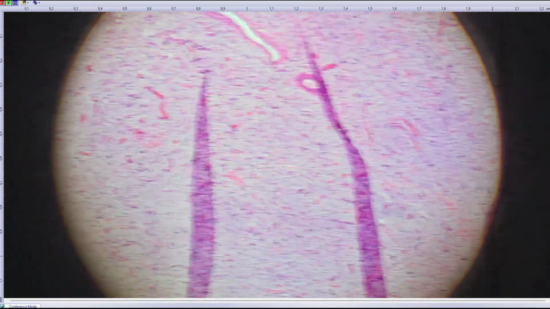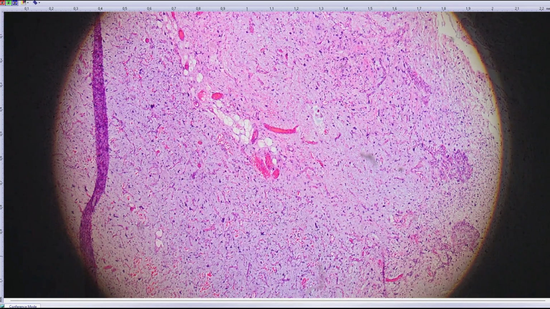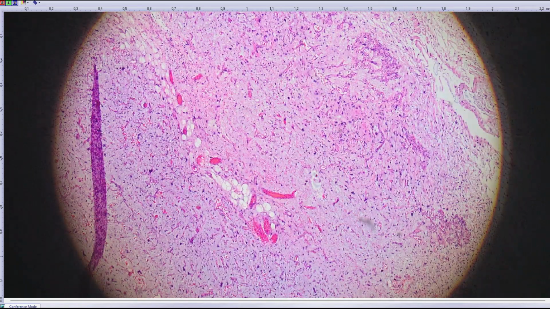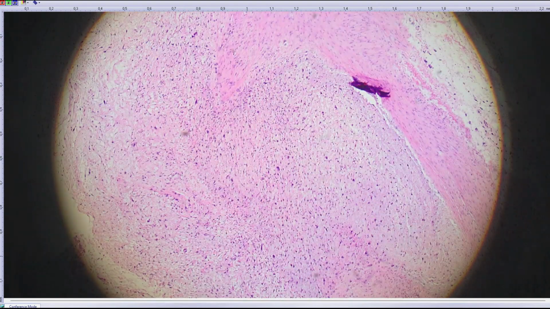So apart from calling myxofibrosarcoma, you should also give it a grade 1, 2, or 3. The grade 1 tumors are very bland. They are sometimes difficult to distinguish from intramuscular myxomas or some benign lesions.